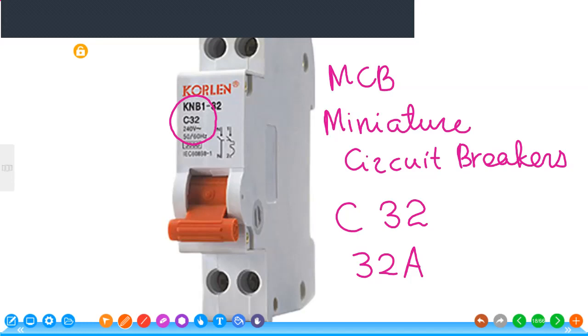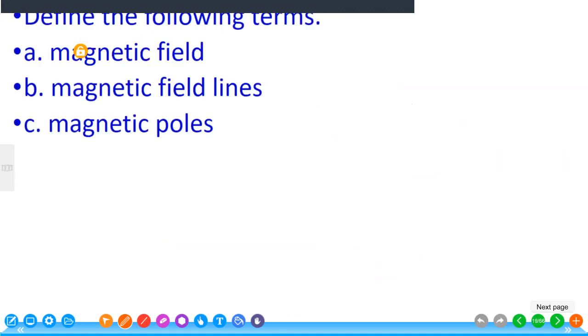Now, therefore, remember that in both, in the RCCB, residual current circuit breaker, as well as now in miniature circuit breakers, electromagnetism is used. That means inside these breakers, we find an electromagnet. Just remember that. So, we discussed and we defined enough terms here now.